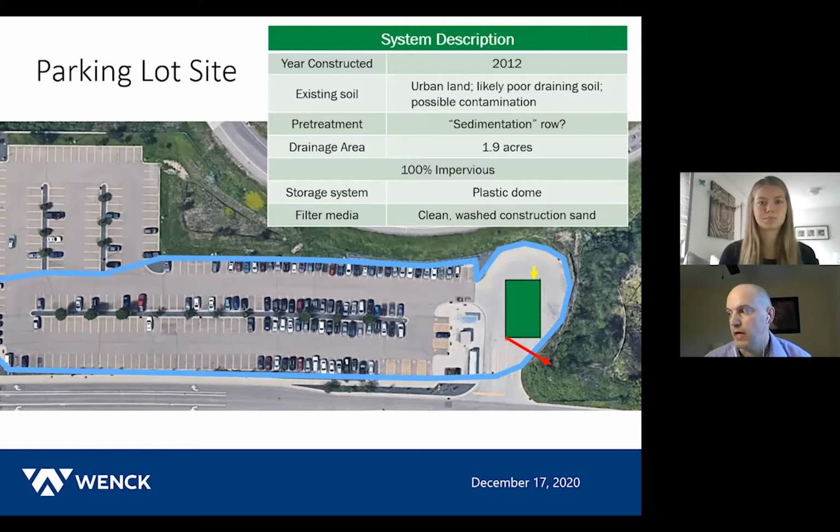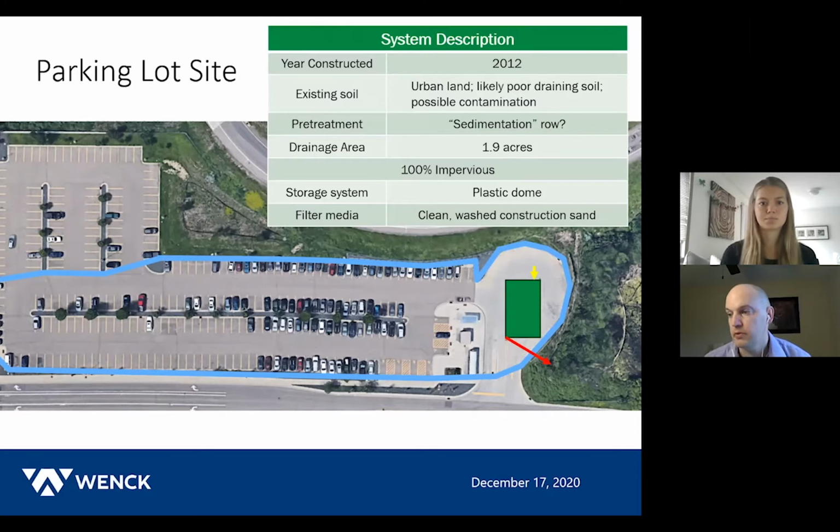My guess here is that if you see, to the right of the aerial photo, there's a wetland located adjacent to this system. The poorly draining soil within that wetland probably extends underneath the system that we studied. That's why filtration was chosen for this site.